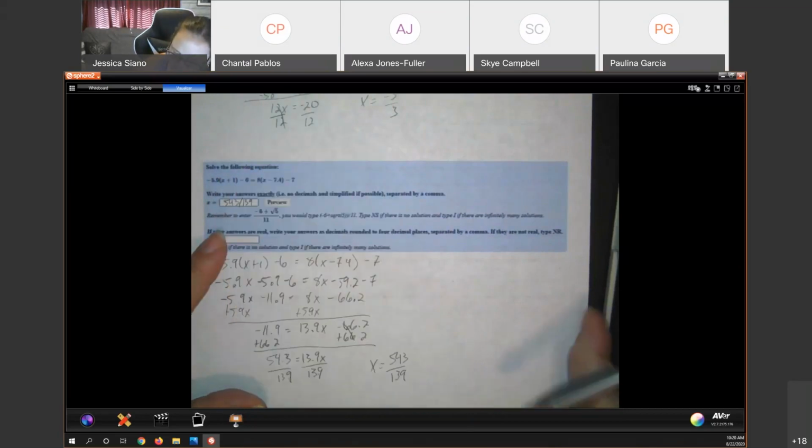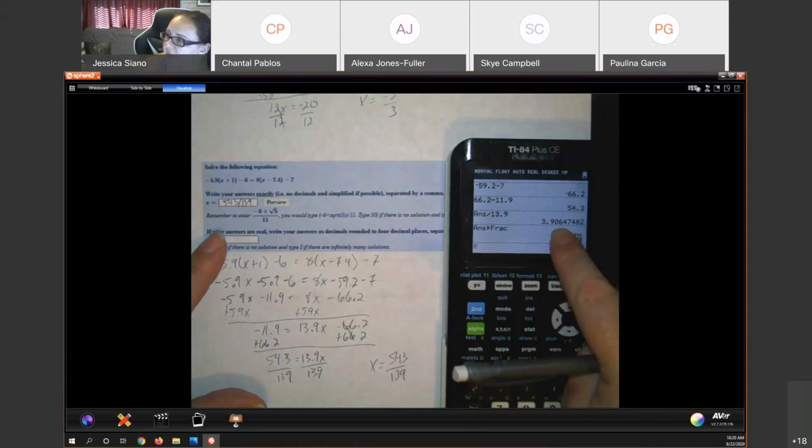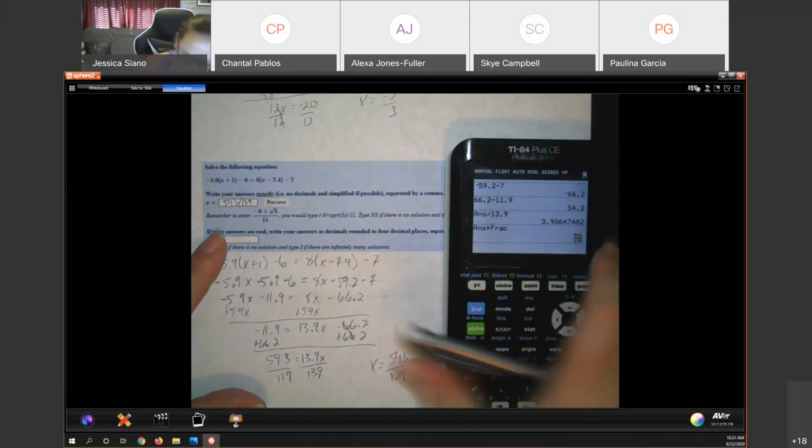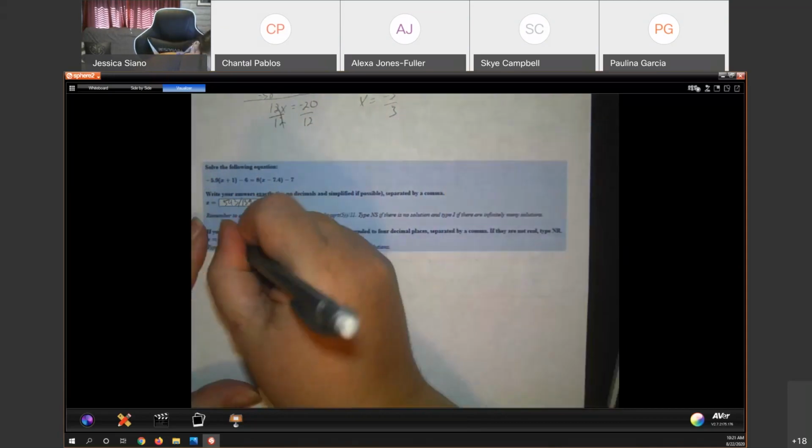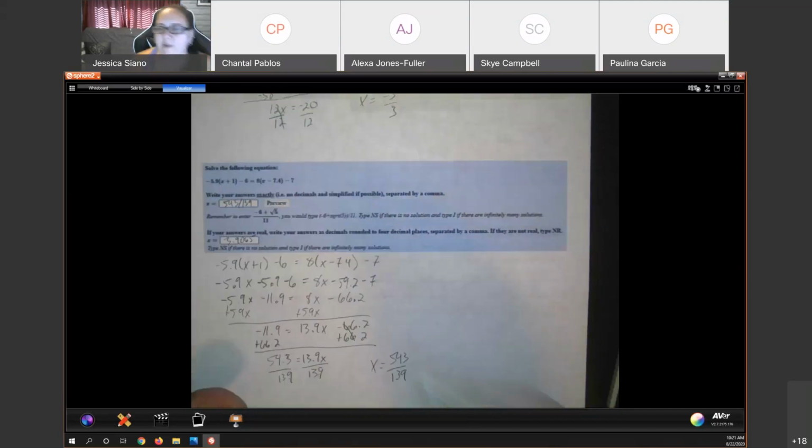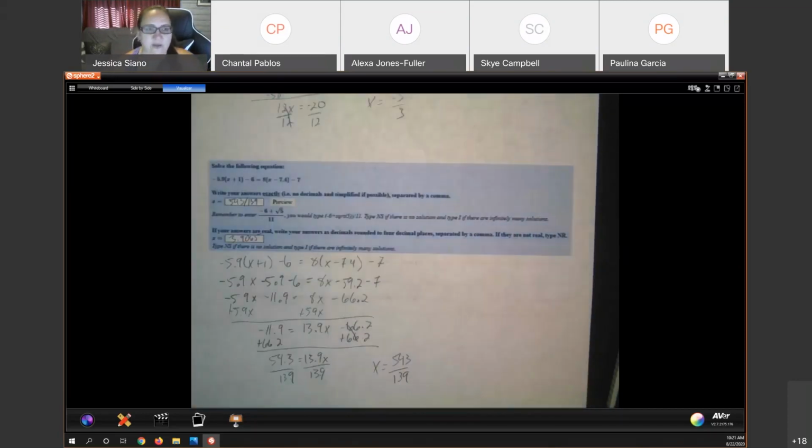And then your rounded answer would be 3.9065. So remember, that was math enter in the calculator to turn a fraction to a decimal. Okay, so that 1.0a is mostly calculator work and then just solving a couple of basic equations.